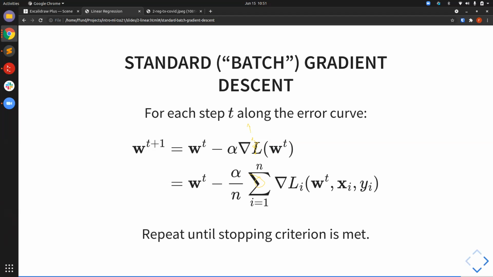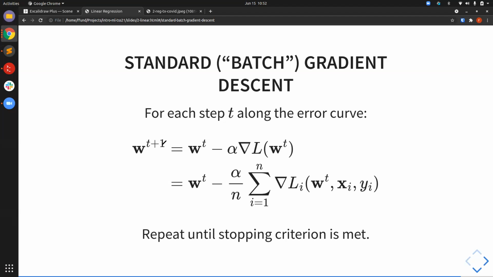And this is how we would express that mathematically. We have a weight vector at each iteration, so for each t. At each iteration, we compute the gradient given the current weight vector. Then we subtract some fraction of that from the weight vector, and that's our new weight vector.